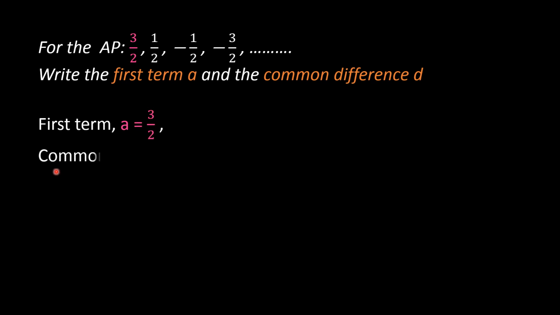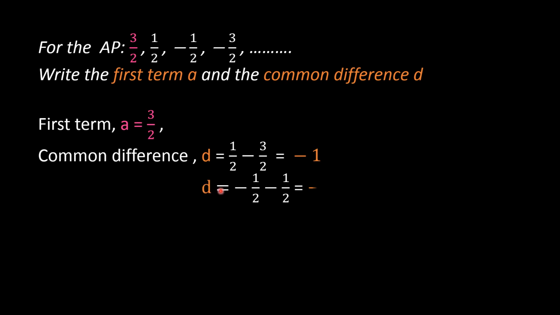For finding the common difference, we will subtract 3 divided by 2 from 1 divided by 2, which will give us minus 1. Also, d is minus 1 divided by 2 minus 1 divided by 2, which will also be minus 1.